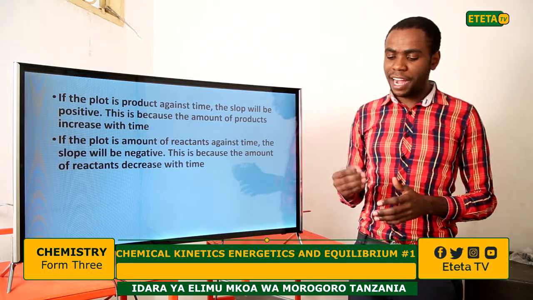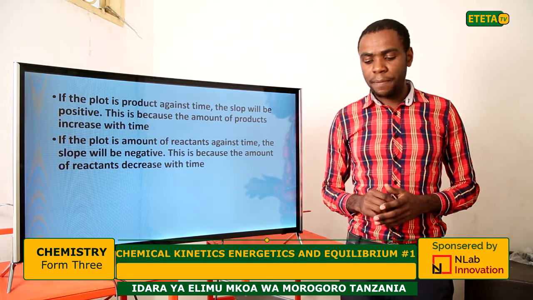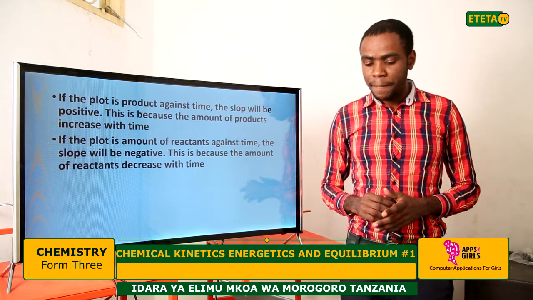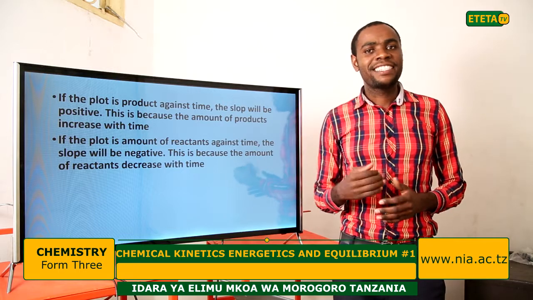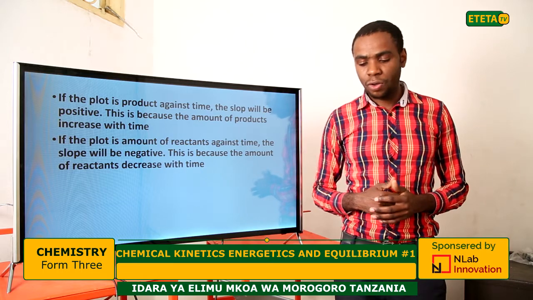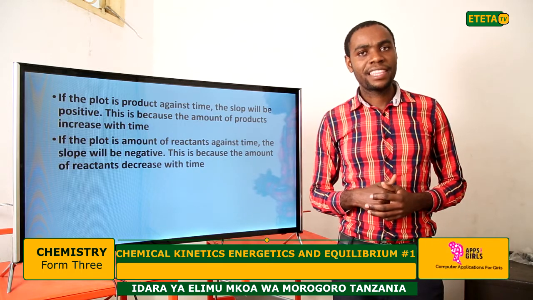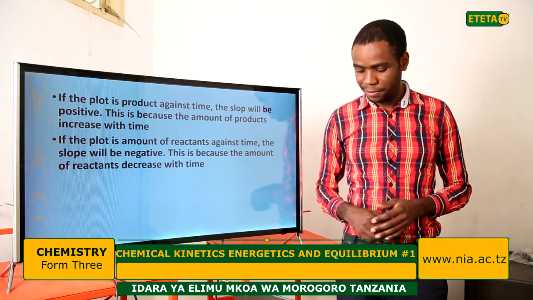But if you plot the graph of reactant against time, the slope will be negative. Why? Because the amount of reactant decreases with time. As time goes, the amount of reactant decreases, so the slope will be negative. That's a point to note.